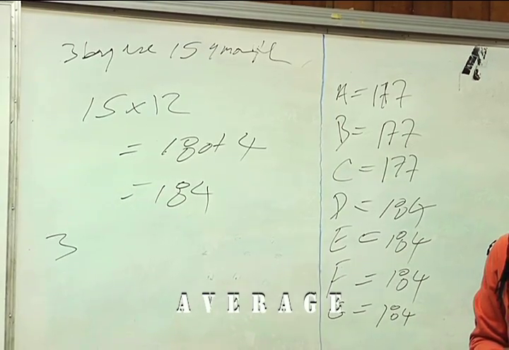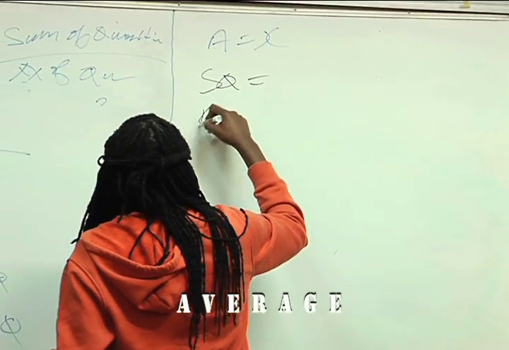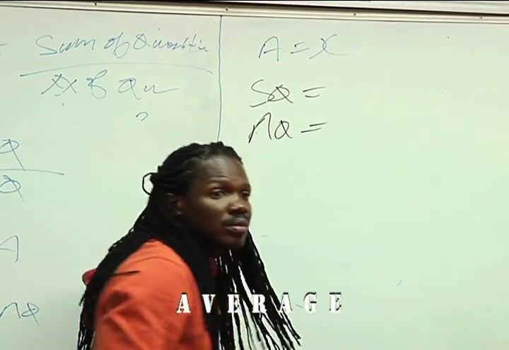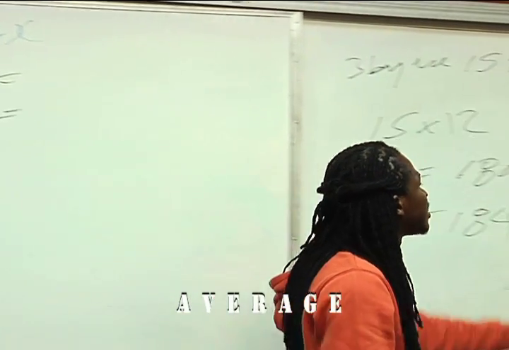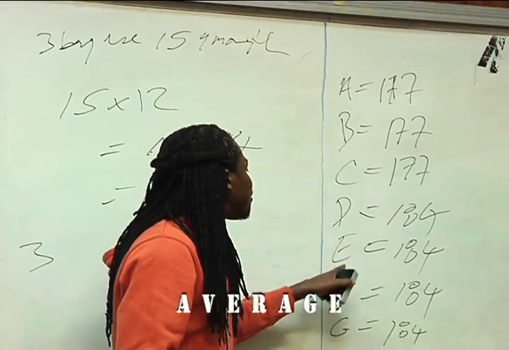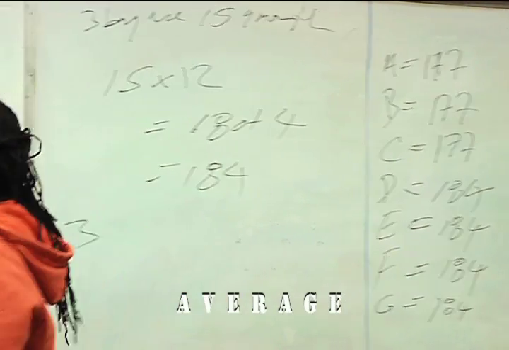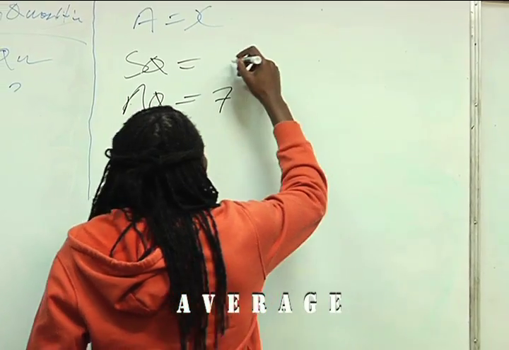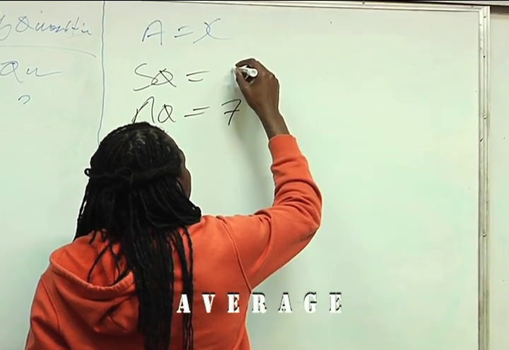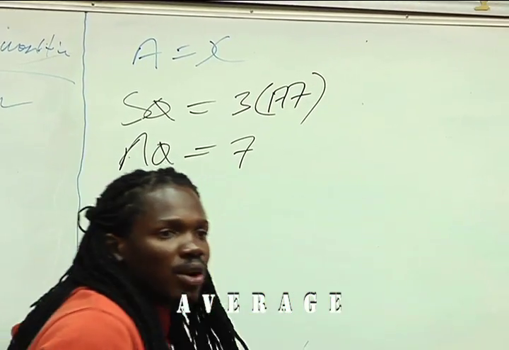You see that? So we now know the number of quantities, NQ. The number of quantities is 1, 2, 3, 4, 5, 6, 7. What is the sum of quantities? The sum of quantities is 3 bracket 177. Why am I doing this?